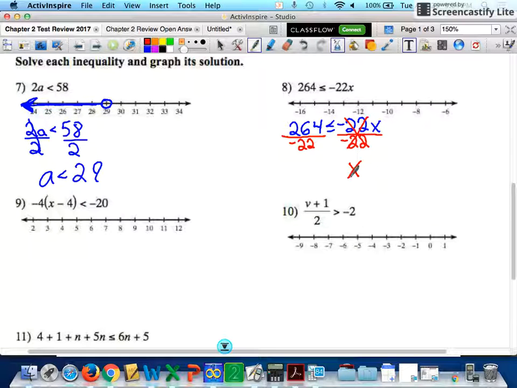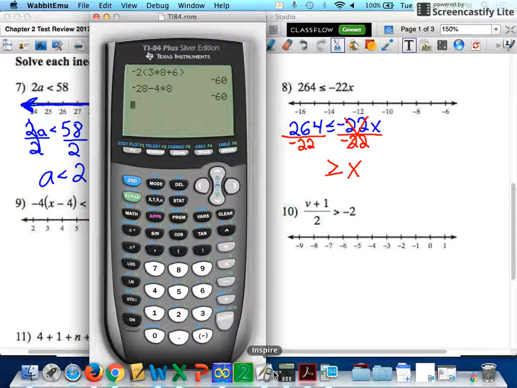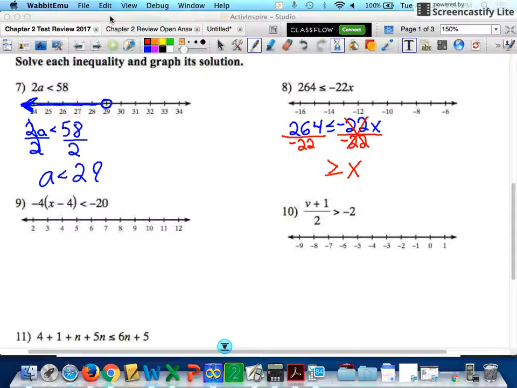What happens is that sign in the middle actually is going to flip because we are dividing by a negative number. And I believe over here on the left-hand side, we should have 12. Yep, 12. Perfect. But it's a -12. Should be -12.